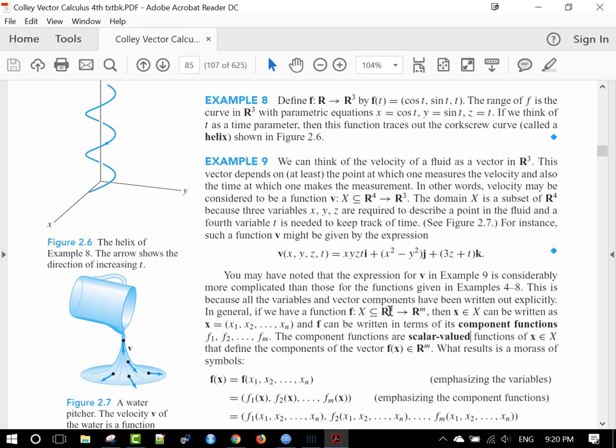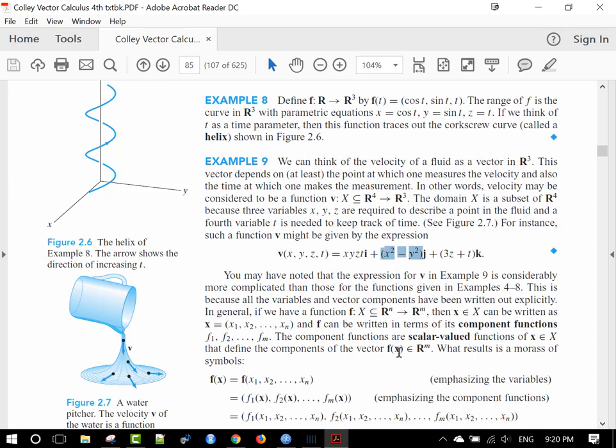The component functions are scalar valued functions of x, the bold x. So in this case, x, not necessarily, right? We saw that they don't actually have to have all the inputs. They're elements of here, although they may not have all of the x's. We saw this one only has x and y, it doesn't have z and t. Okay?